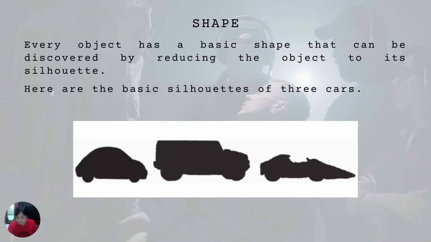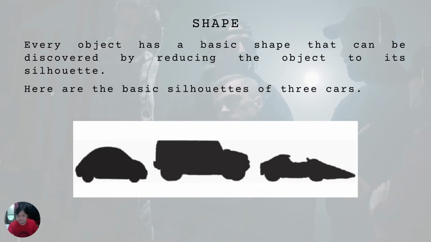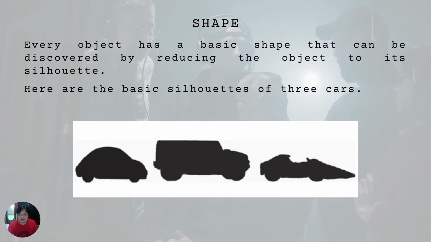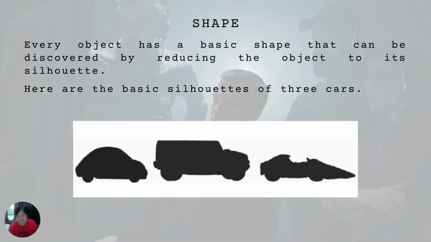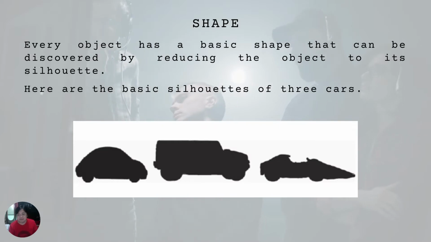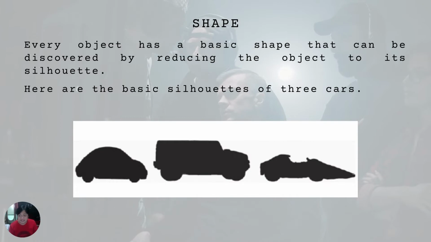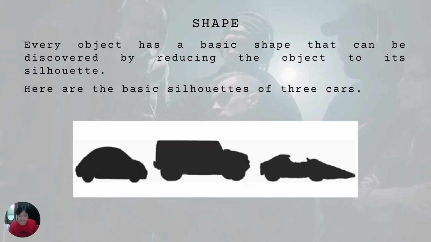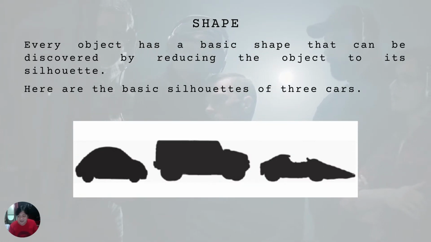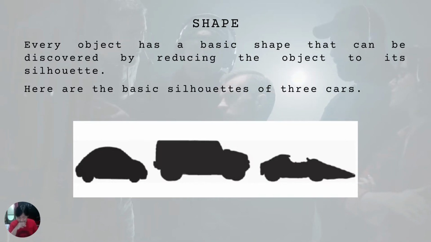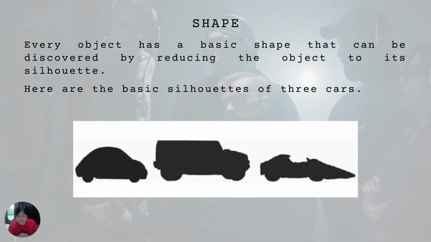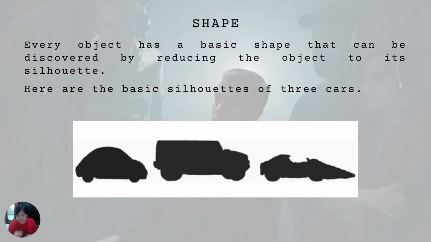Now, the fastest of the three cars has the shape of the triangle. It may be a high-performance race car, but its basic shape is a triangle. The triangle is the most dynamic of the three basic shapes because it is the only shape that contains at least one diagonal line. A triangle is an arrow, so to speak. It points in a particular direction, which is something the square and the circle cannot do.